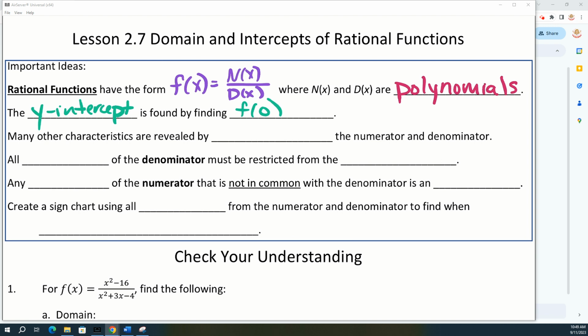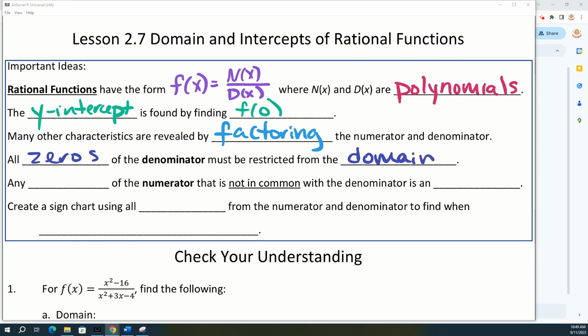And then a lot of the other characteristics of rational functions are found by factoring the numerator and the denominator. So factoring is an important algebra skill that you are definitely going to need to do everything we do this week. All the zeros of the denominator must be restricted from the domain.